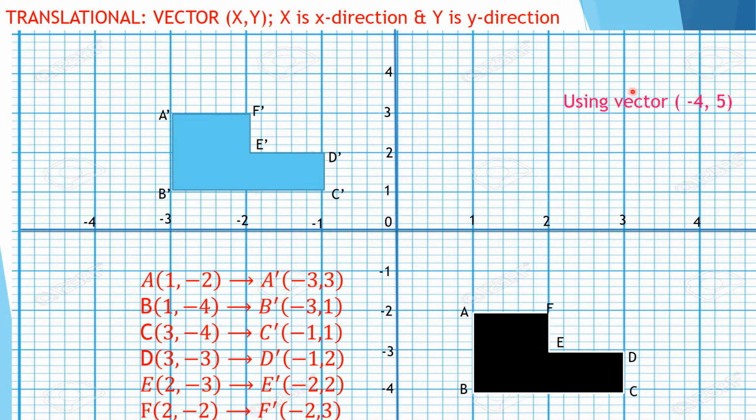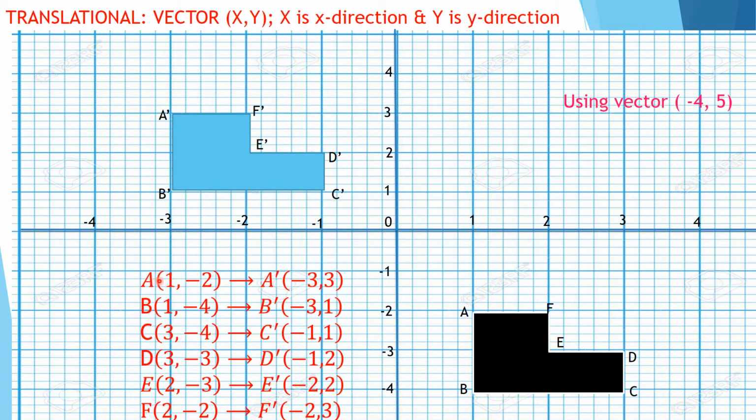Now, using vector minus 4, 5 means we are going to subtract 4 from the x coordinate, and then add 5 to the y coordinate.